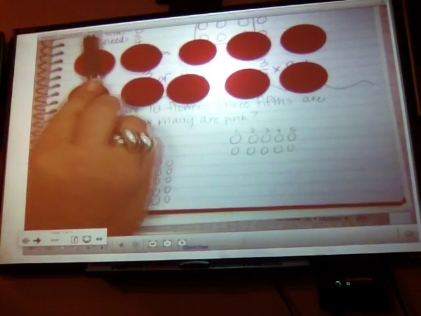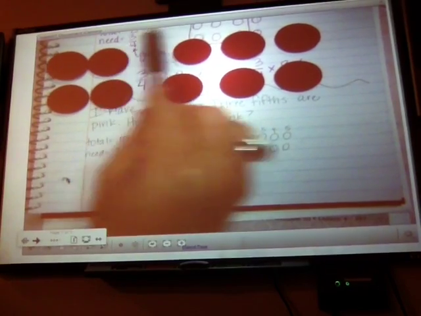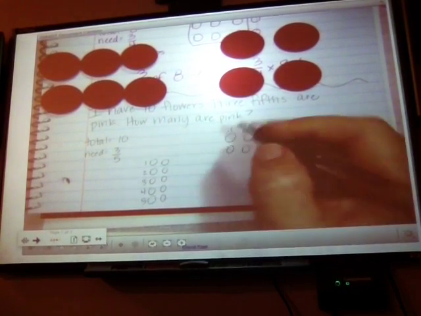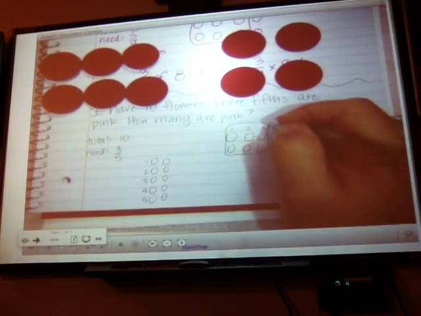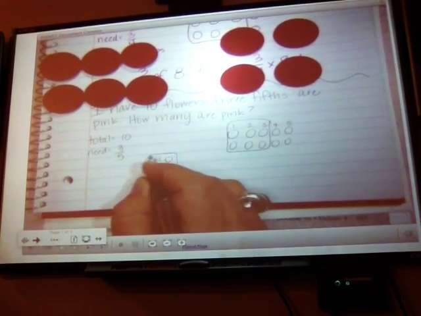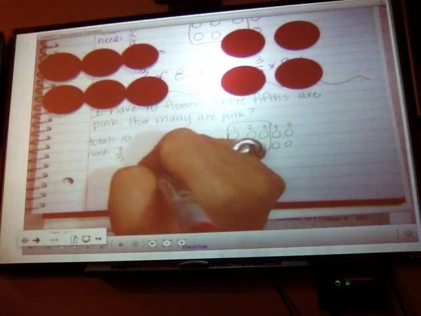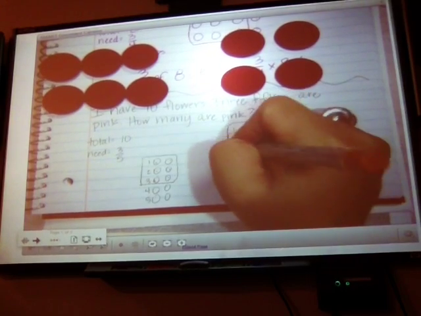So, here's 1/5, 2/5, 3/5. Look, here's my 3 right here. 3/5. How many does that give me? 6. 1, 2, 3, 4, 5, 6.